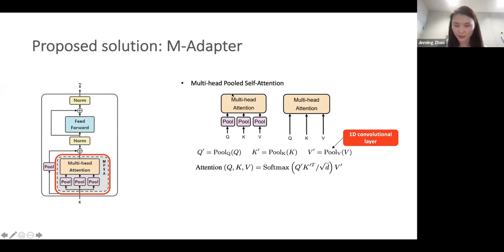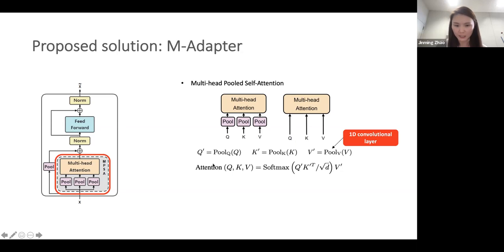By comparison, our multi-head pooled self-attention on the left-hand side is able to shrink the sequence. This is achieved by having three pooling modules over the QKV matrices respectively, and each pooling module is a 1D convolutional layer. The degree of compression is controlled by the stride of this 1D convolutional layer.